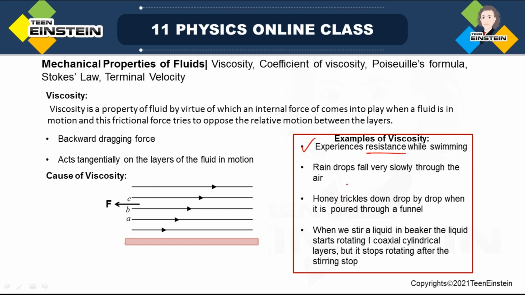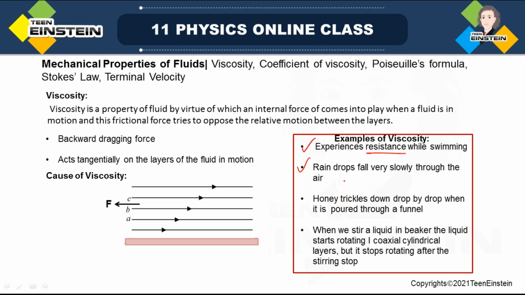See, the raindrops, they also fall very slowly. Why is it so? They are freely falling bodies, but still their speed is much lesser than what is expected. Why? Because of the viscosity of the air.